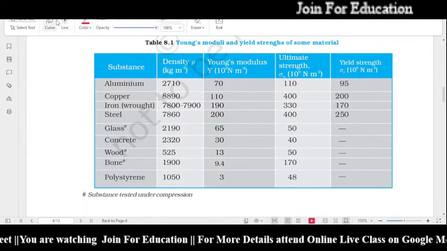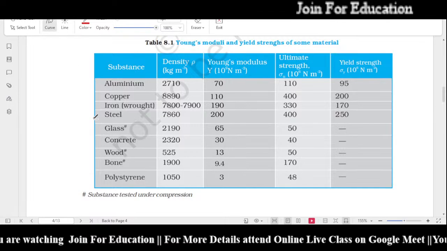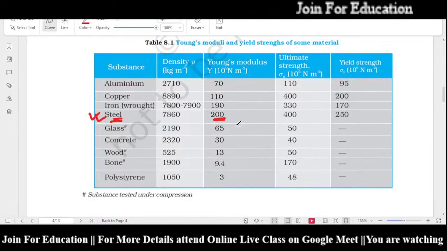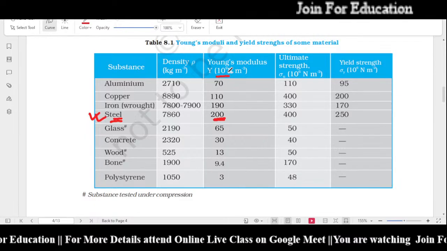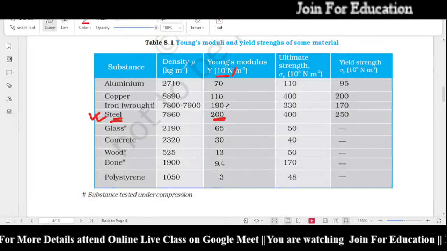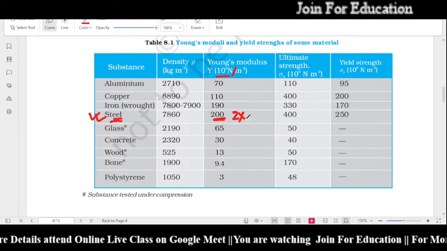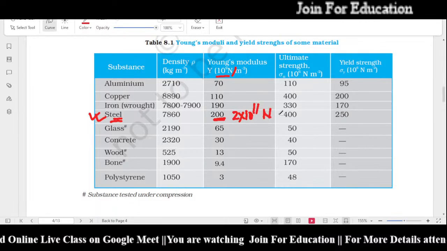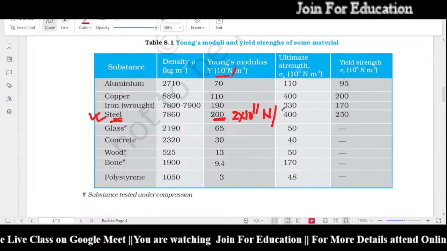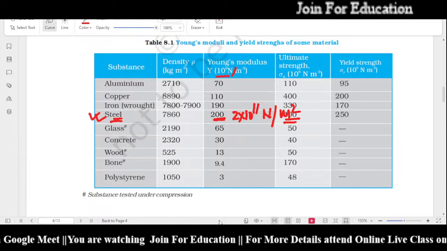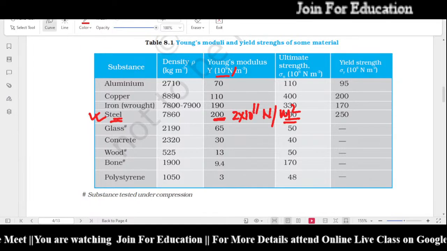So let's see here. Young modulus of the steel wire is 200 into 10 to the power 9 Newton per meter square. So it will be 2 into 10 to the power 11 Newton per meter square. Let's see the solution here.